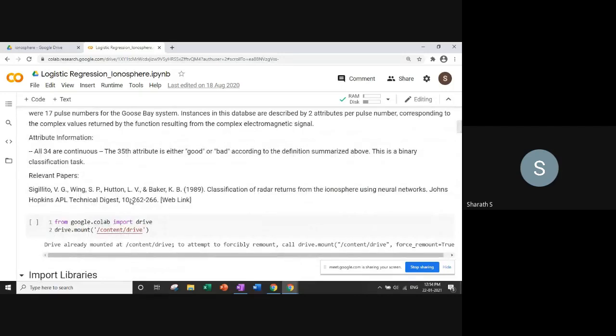I was supposed to cover unsupervised learning, which we couldn't do in this short time, but the codes and notebooks are shared. You can go through them. I think tomorrow's session somebody is going to talk about clustering.